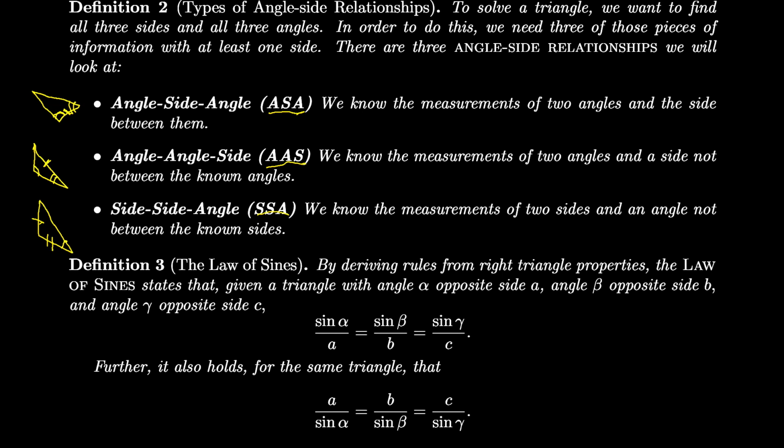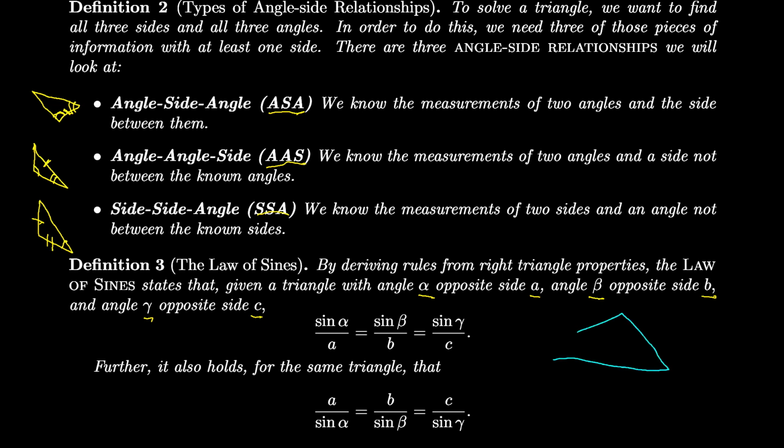Okay. Now, the law of sines is right down below. It says, by deriving rules from right triangle properties, the law of sines says, given a triangle with angle alpha, opposite side A, angle beta, opposite side B, and angle gamma, opposite side C, that this relationship holds. So let me draw a triangle here, just some oblique triangle.